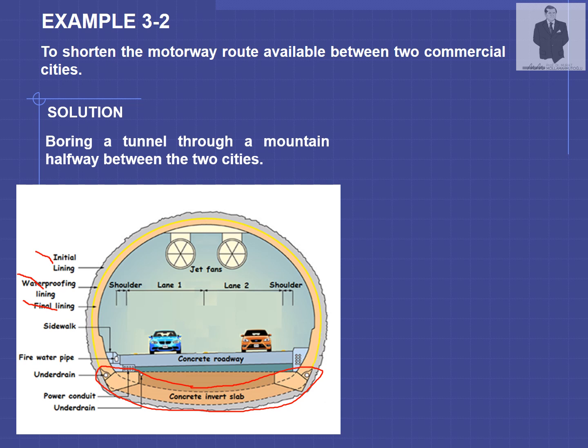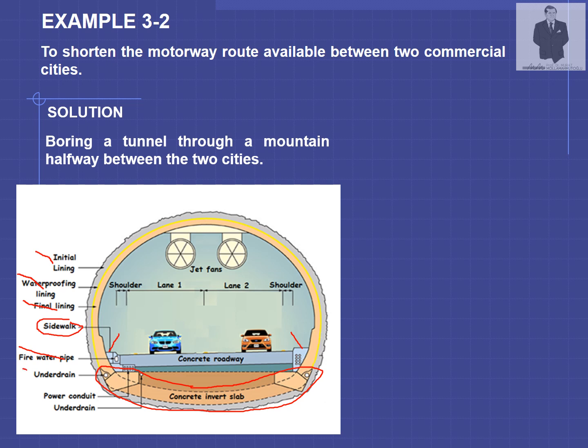And sidewalk, they are available on both sides as shown here and here. They are for people to walk in an emergency. And fire water pipe located here. Now, this is for putting out the fire if a fire breaks out.